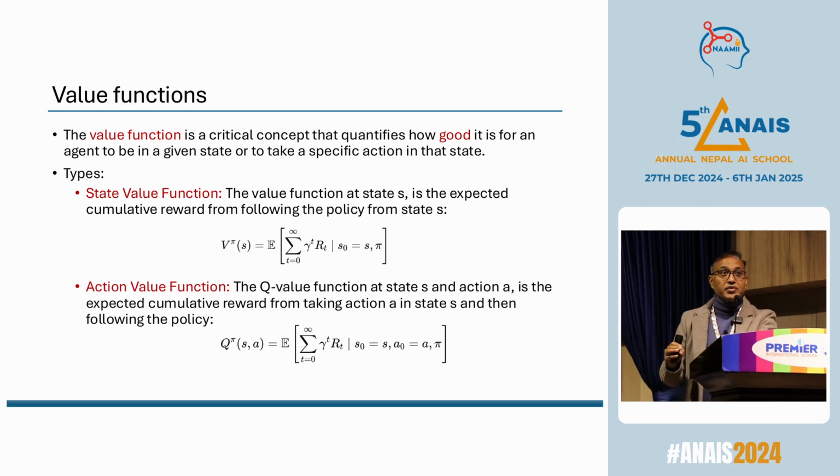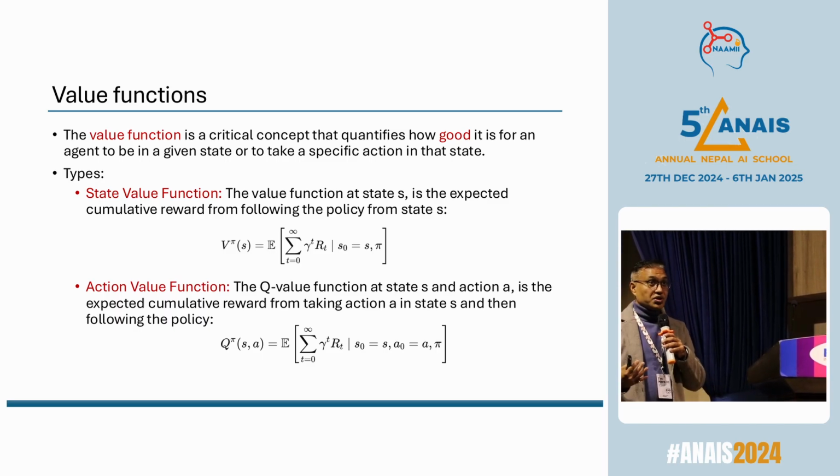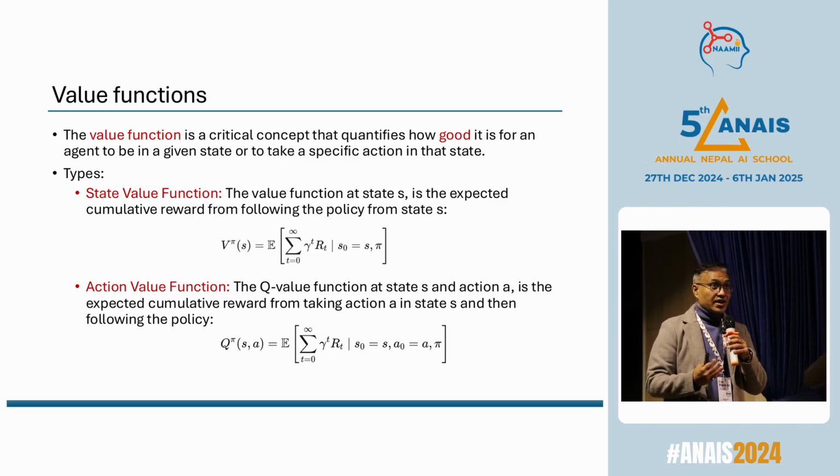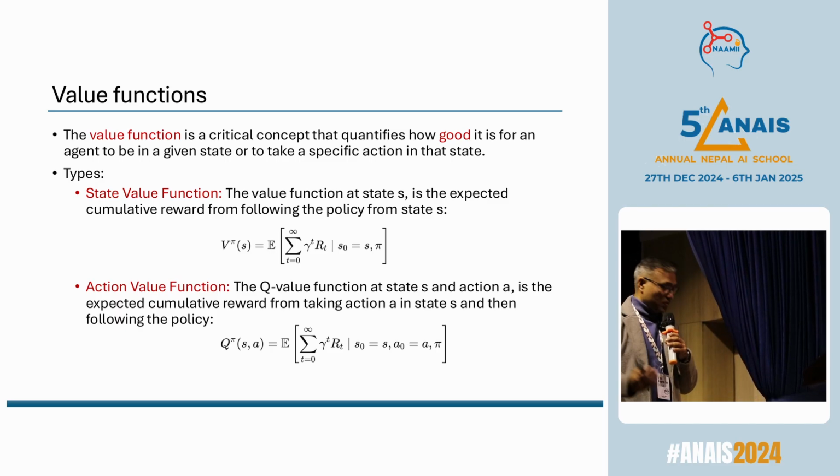Now let me explain it. Let's suppose I'm in this position in the grid system. I take an action and the state changes. I was there before, but right now I'm here. The state changes, but I get the reward, right?